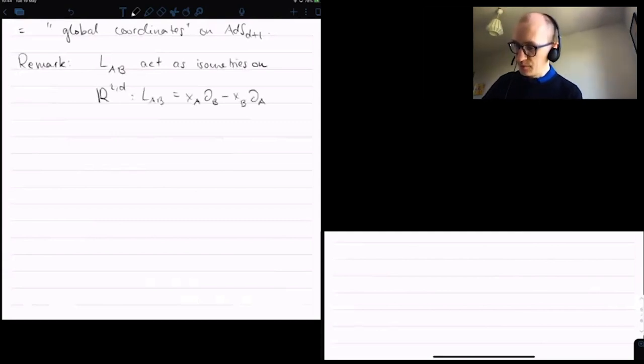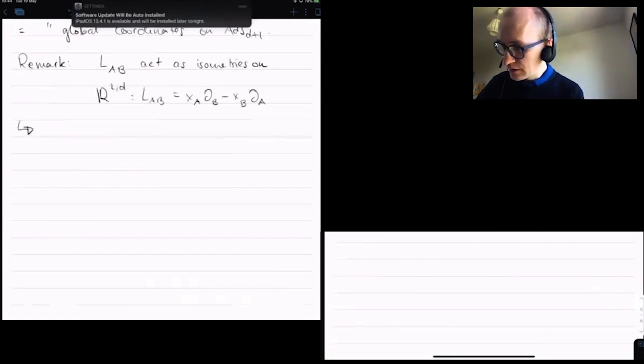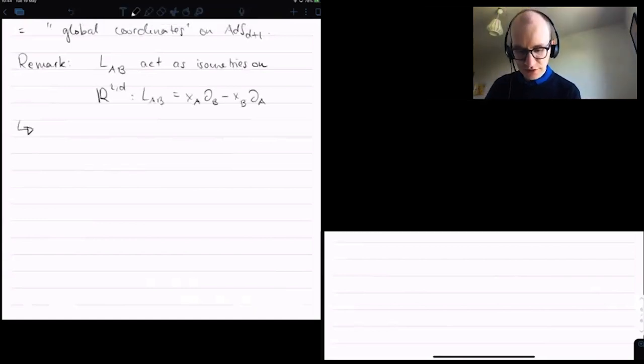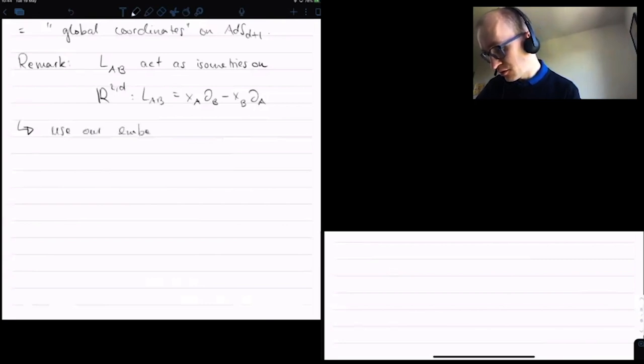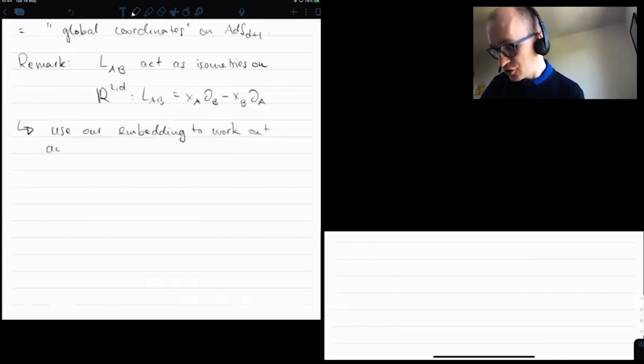And then we can now use the same embedding constraint, or let me just say use our embedding, to work out their action on AdS_{d+1}.